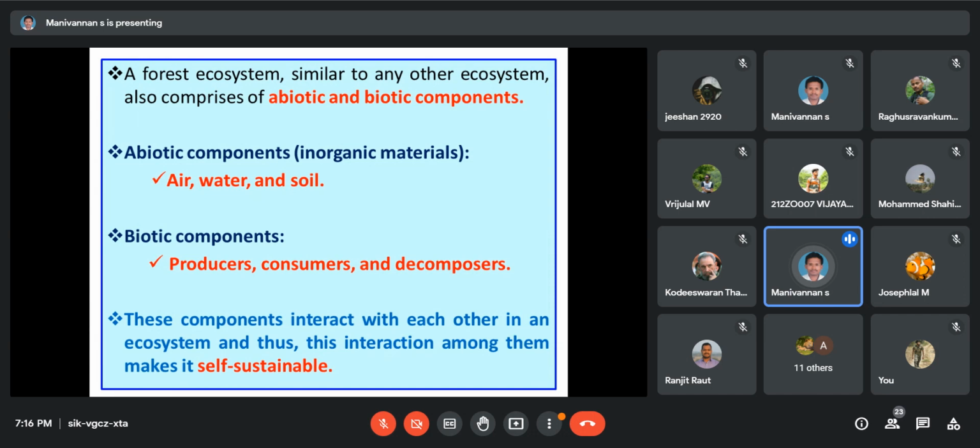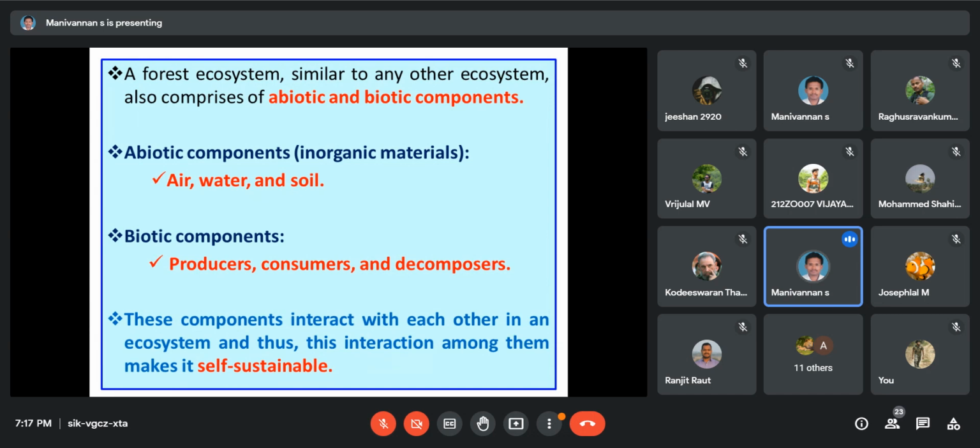The biotic component mainly involves producers, consumers, and decomposers. Biotic component means biological organisms, which are divided into producers, consumers, and decomposers.